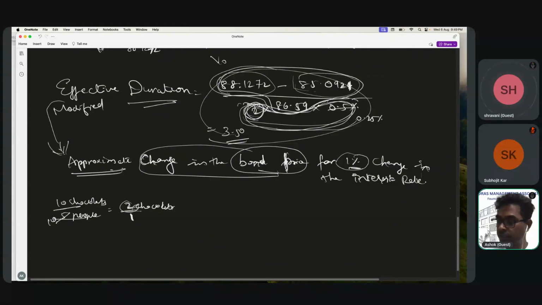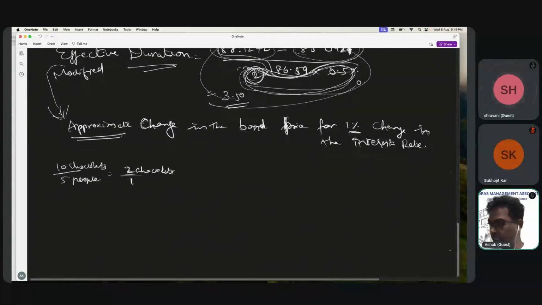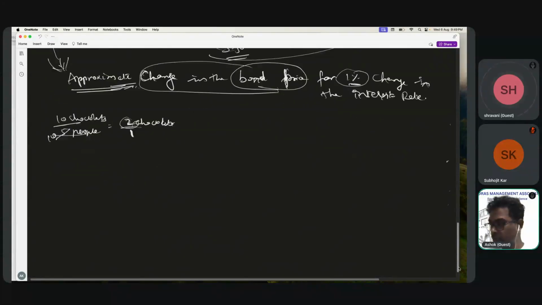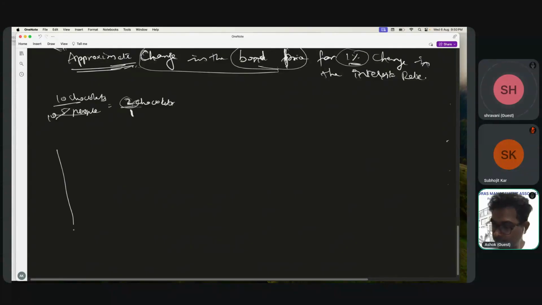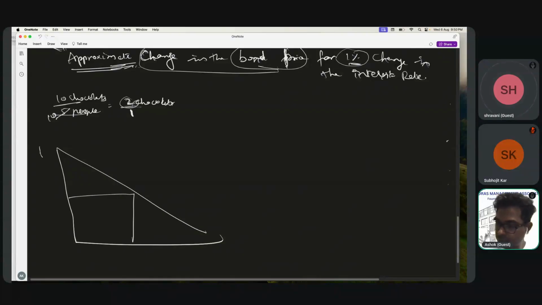But it is giving you only the approximate value. Why? Because it assumes linear movement. Remember the graph I gave you, where this is the price and this is the yield.